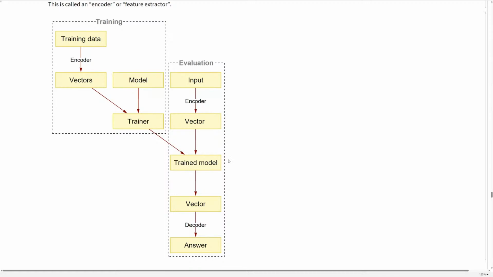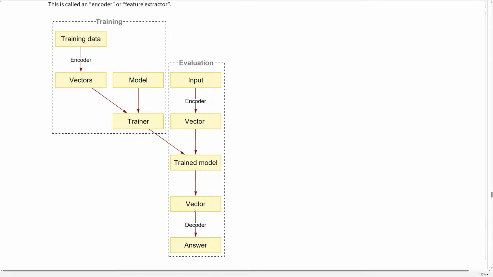And once we have a trained model, we will see if it works by giving it some test data it's never seen. So my test data has input, and again, we go through the encoder to translate it to vectors so that the machine understands. And then the trained model looks at our new data and says, how do I answer this question?